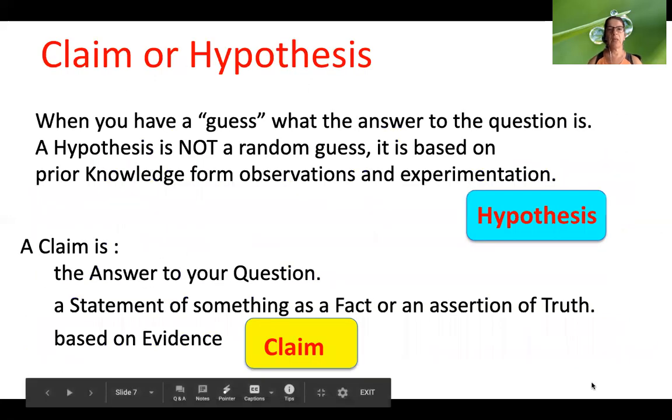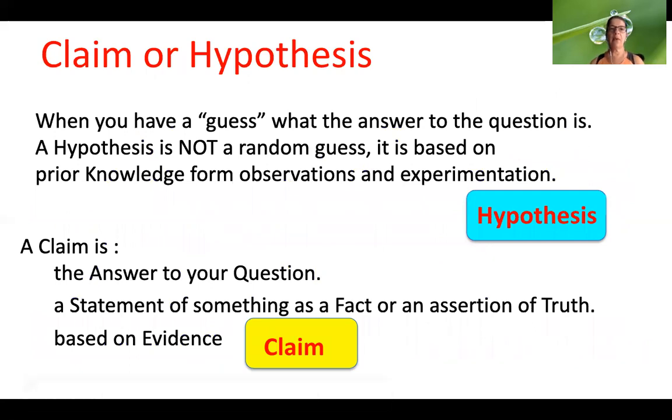Okay, so what's a claim and what is a hypothesis? When you have a "guess" of what the answer to your question is, we call that a hypothesis. I'm putting guess in quotation marks because a hypothesis is not a random guess. It is based on prior knowledge, which may come from observations or from prior experiments.